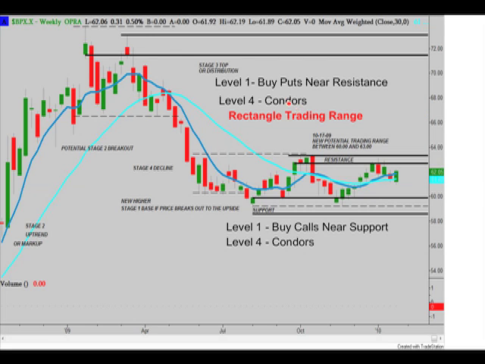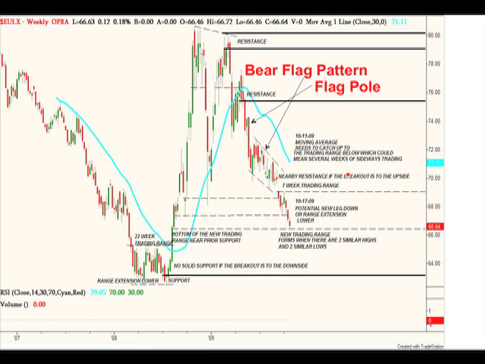So if all the demand is absorbed, prices will go lower. If all this supply is absorbed, then prices will go higher. So while it's in that sideways channel, this is a good time for you, if you have the proper approval, to think about condors, selling premium, call spreads and put spreads.